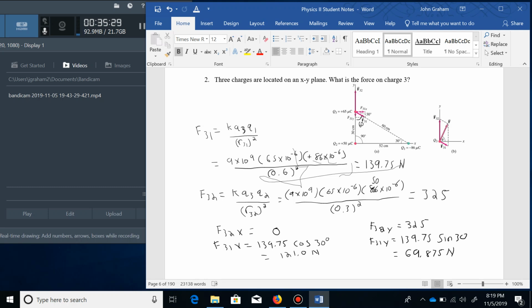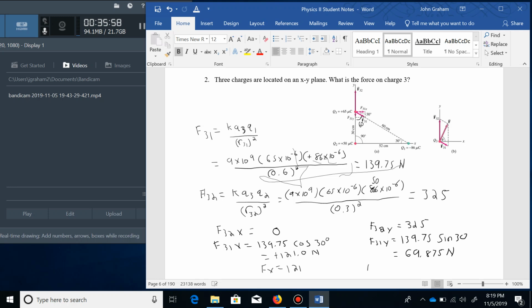Right, now what we have to watch out for here is our signs. We know that for the x we only have one component, and that's going to be to the right, so that's going to be positive. So we're okay with that, and so Fx total is just 121, and it's going to be in the positive direction.